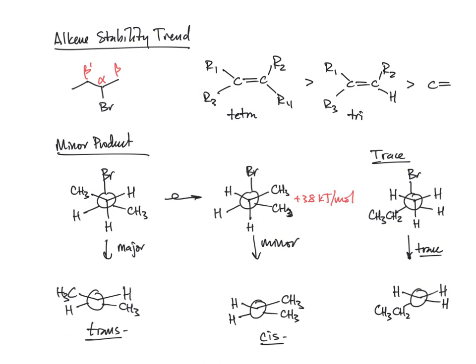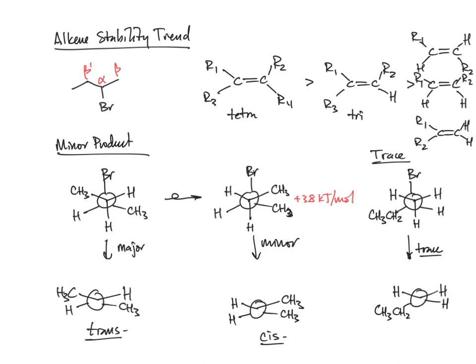Then you can get into various disubstituted. So that would be trans. That would be cis. You could have R1, R2 on the same carbon. So those are all disubstituted.